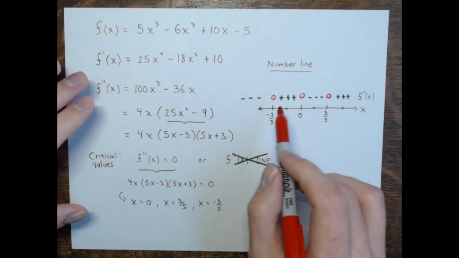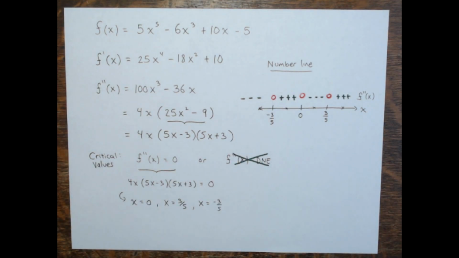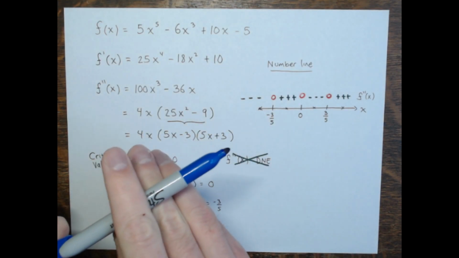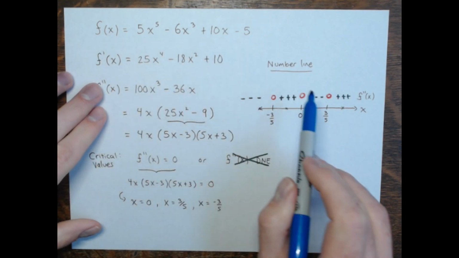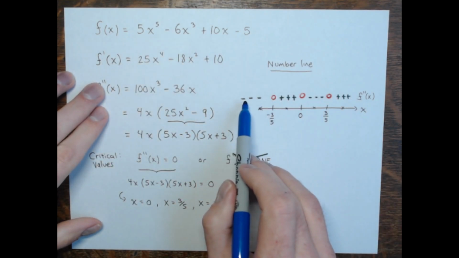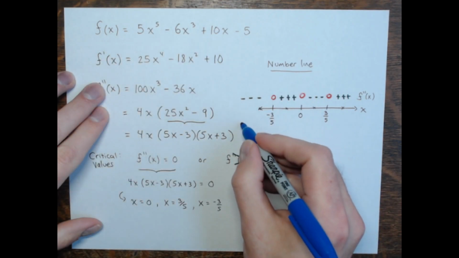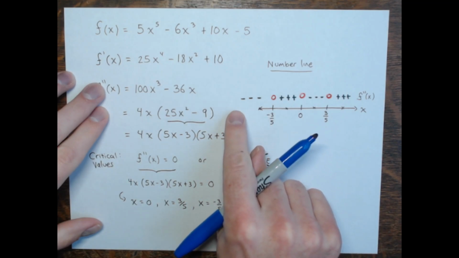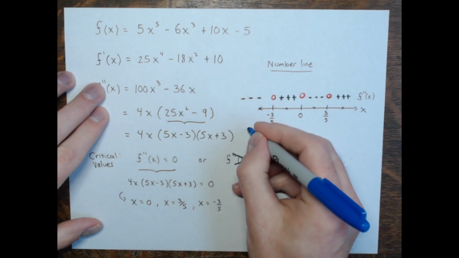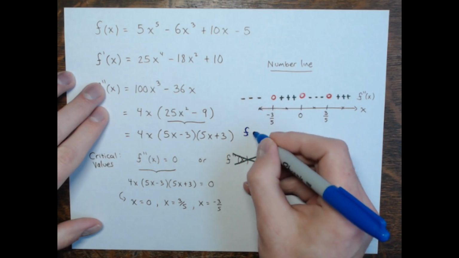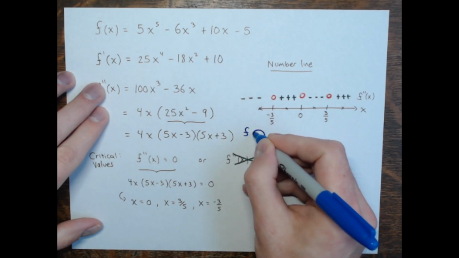Now I'm going to, like we did with the first derivative, underneath here, say what's happening on the graph of f. Remember, the value of the second derivative will tell you what's happening on the graph of the original function. So in this interval, from -∞ up to -3/5, f is going to be concave down. I'll just put this little down curl here.